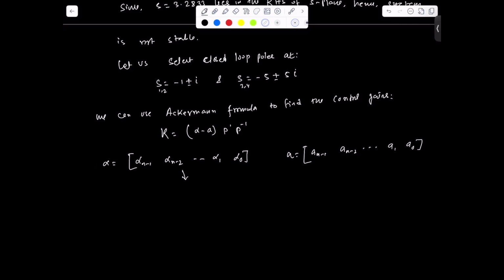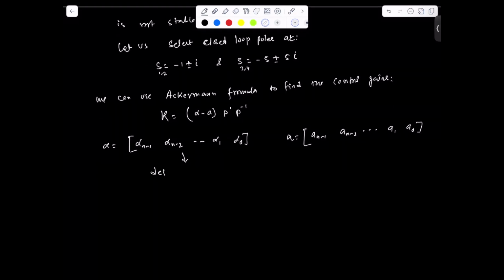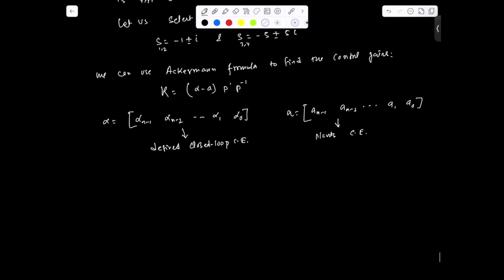So this is basically the desired closed loop characteristic polynomial. This is the coefficients of the s terms, and this is the plant characteristic polynomial.